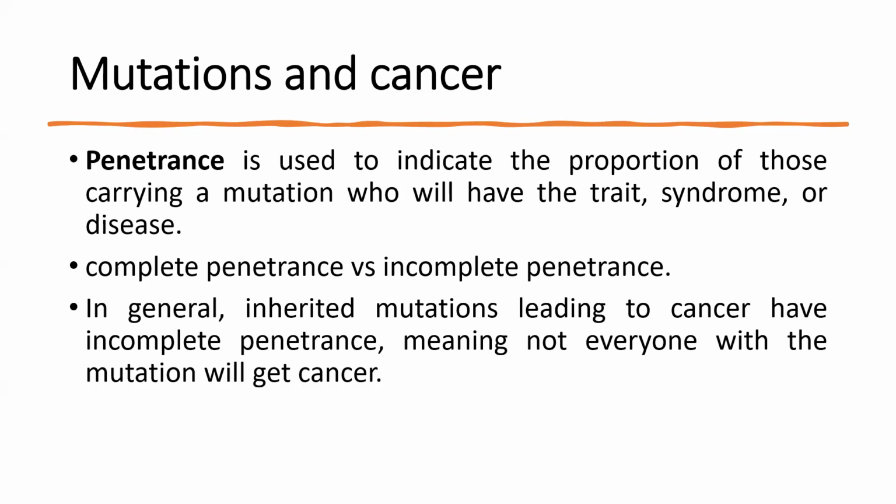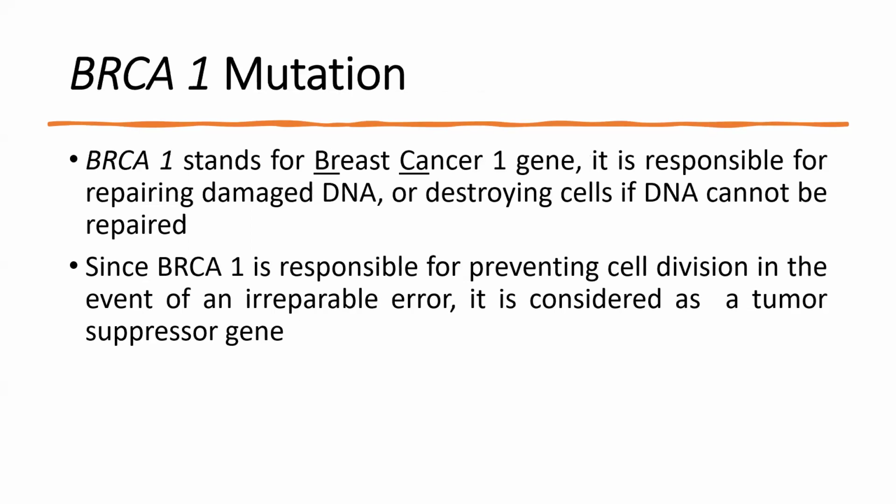All right, so I'm gonna give you an example right here. There's a gene called BRCA1 gene. Everybody has the BRCA1 gene. Males have it, females have it, even though the name BRCA1 stands for breast cancer 1 gene.